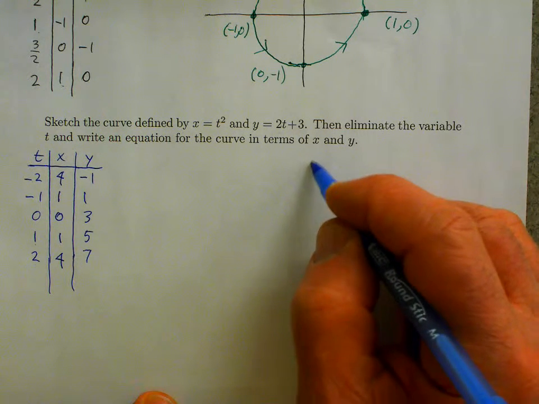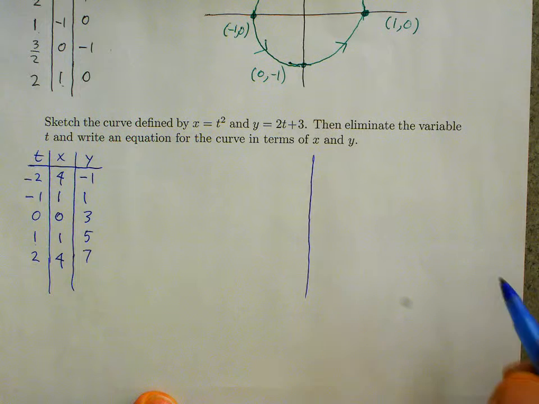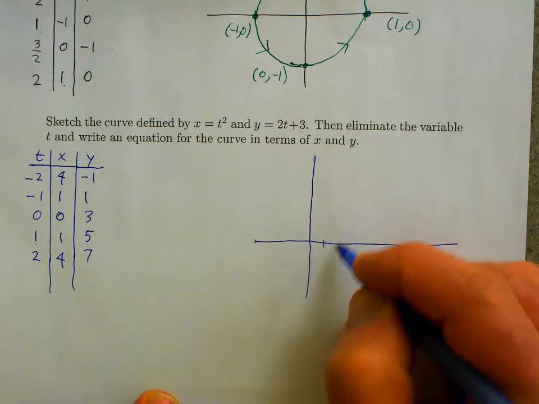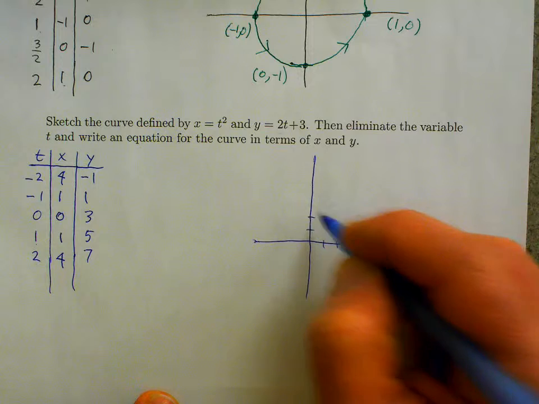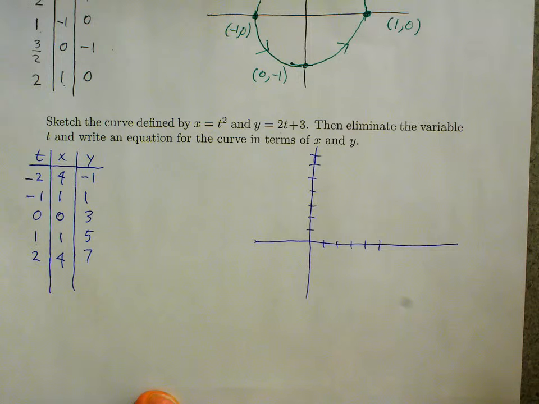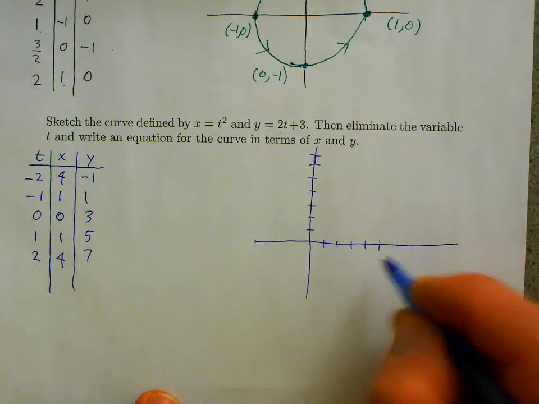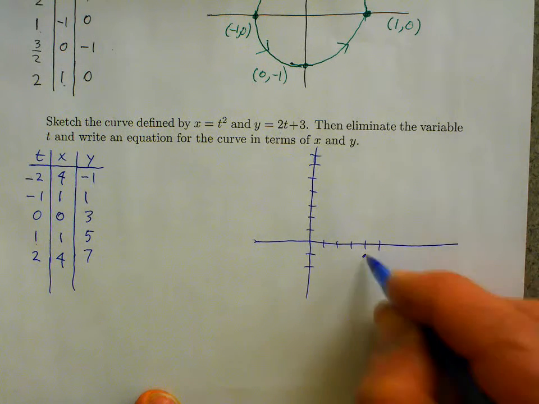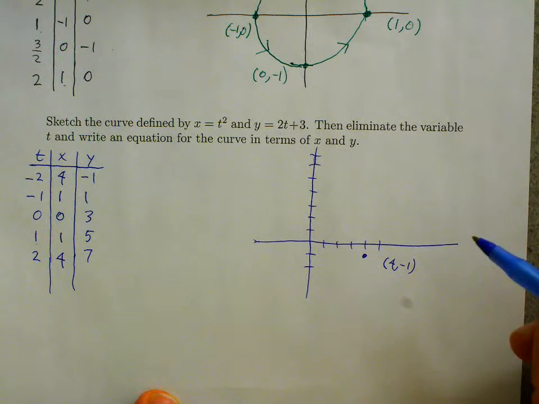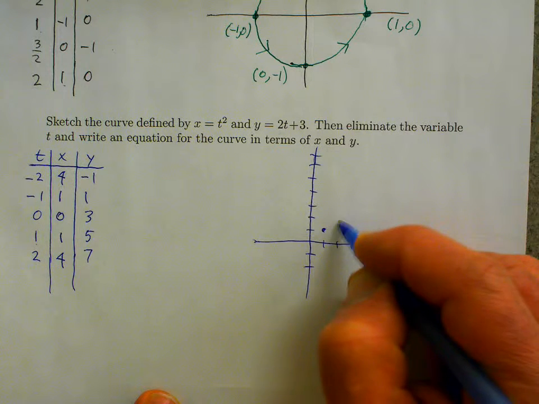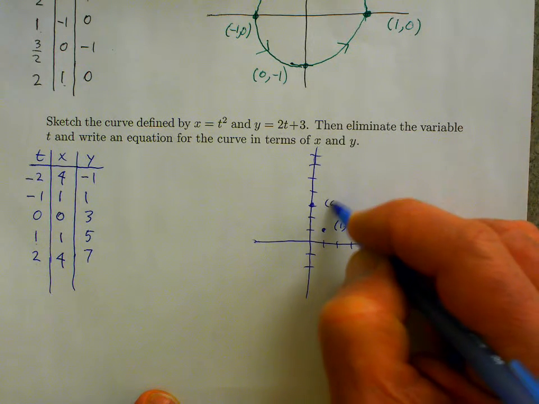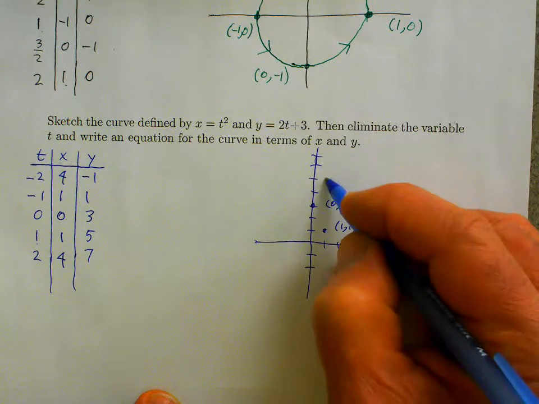Okay, we'll plot those points. The first point, 4, -1. And then the point 1, 1. 0, 3. 1, 5.